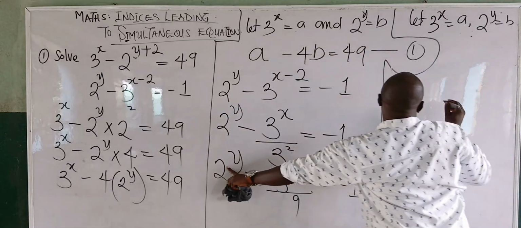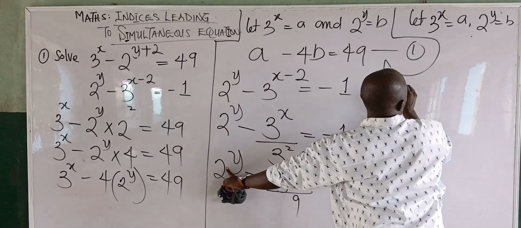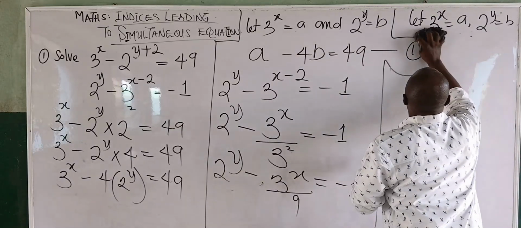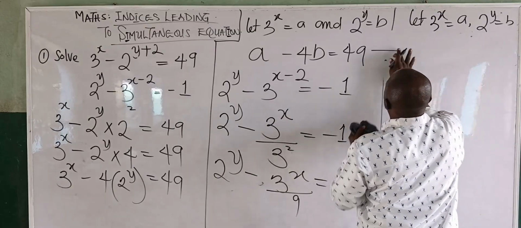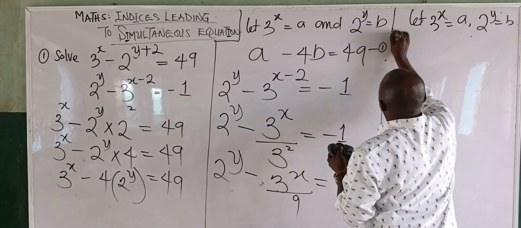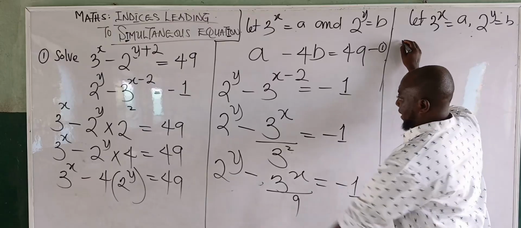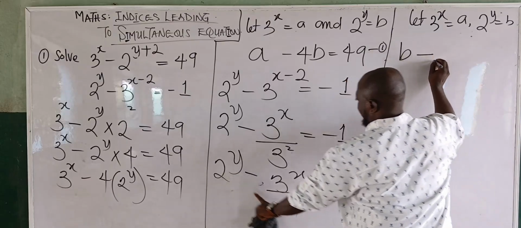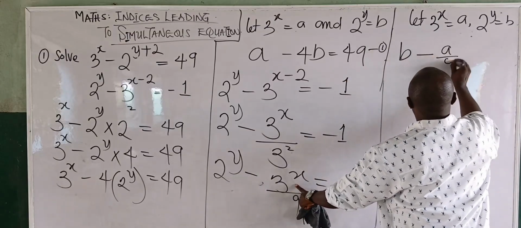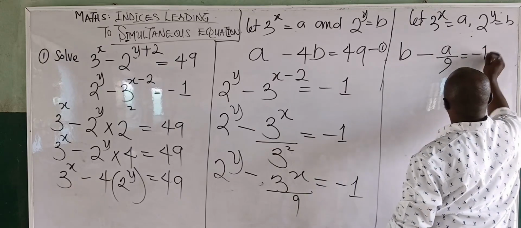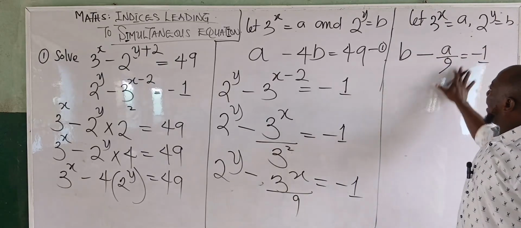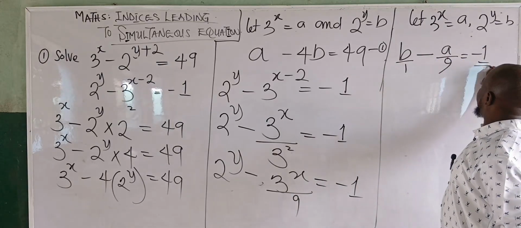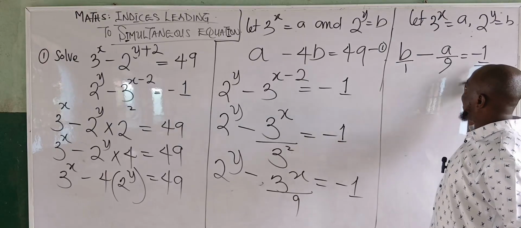So here, I'll put b here. So b is starting this one. This is what we have: b minus a over 9 to give us minus 1. So we have to balance it. Make this one a fraction. So I'll have 9 all through.